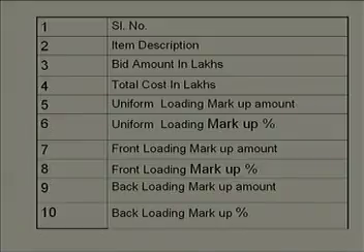So we will be discussing percentage and finally the amount. Column 7 would mean front loading markup amount. Column 8 would represent front loading markup percentage. Column 9 would indicate back loading markup amount. And finally column 10 will show you back loading markup percentage.